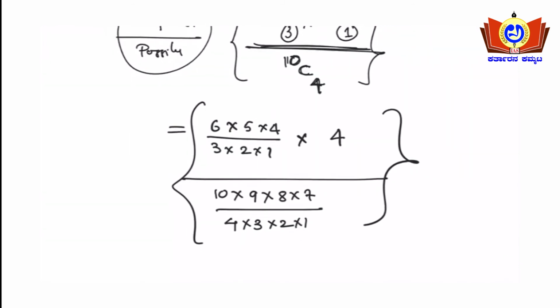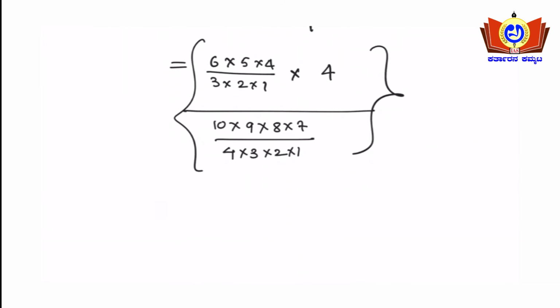So you need to solve this. See here, actually small numbers are there, so solving becomes very much easier here, right? So 2 and 3, 2 3s are 6 and this 6 gets cancelled here. Yes or no?